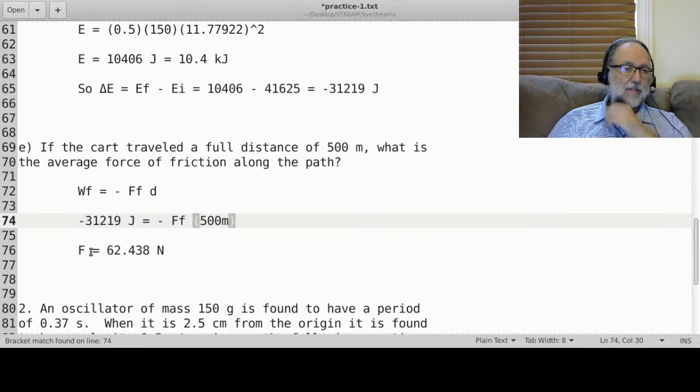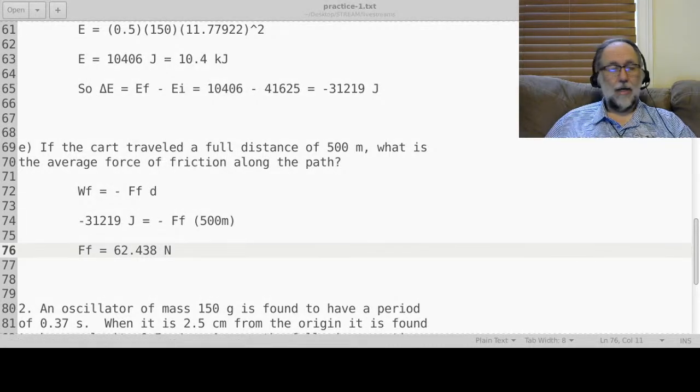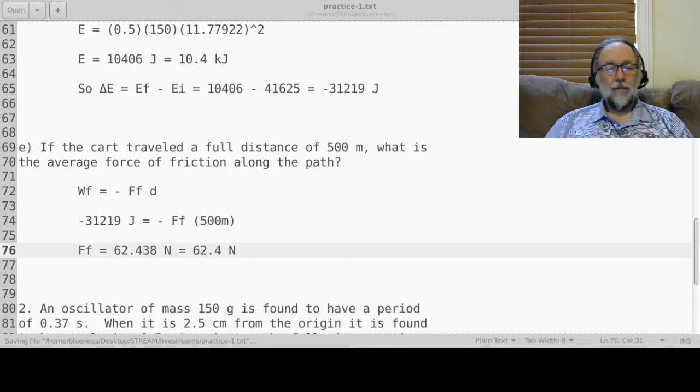And you see the negative signs cancel out, and you get that the force due to friction is 62.438 newtons, which I should probably just round off, 62.4 newtons, okay? It's really an average, but basically along this path, on average, the force due to friction was 62.4 newtons.